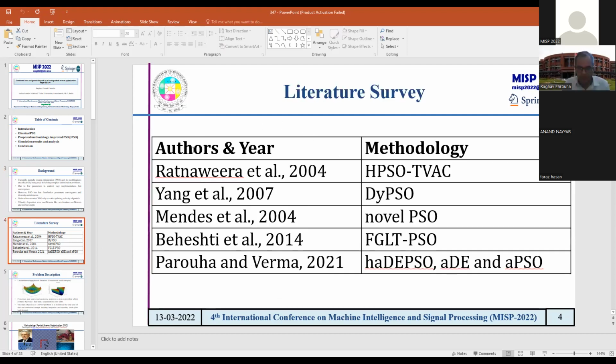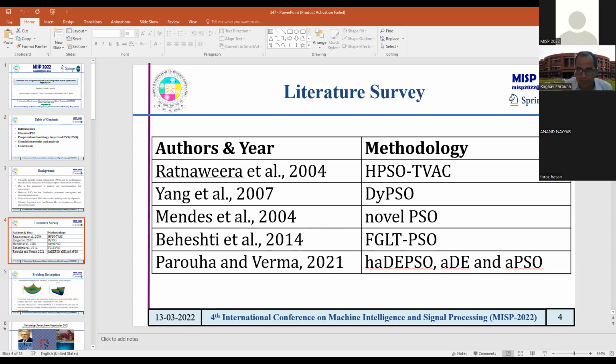So here I mention only five papers. The first one is Ratnaweera et al. in 2004. The authors proposed a hybrid particle swarm optimization based on time varying acceleration coefficients. This means the authors presented some new parameters and implemented them in the velocity update equation, which gave good results.